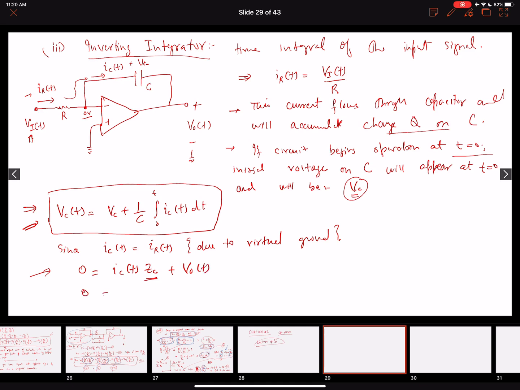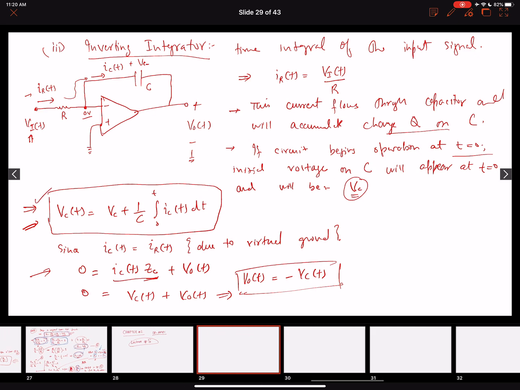We can easily write IC of t into ZC as VC of t, so 0 equals VC of t plus V naught of t. So we can see that our output voltage V naught of t equals minus VC of t. And we already know the value of VC of t, so we are going to write down this value.